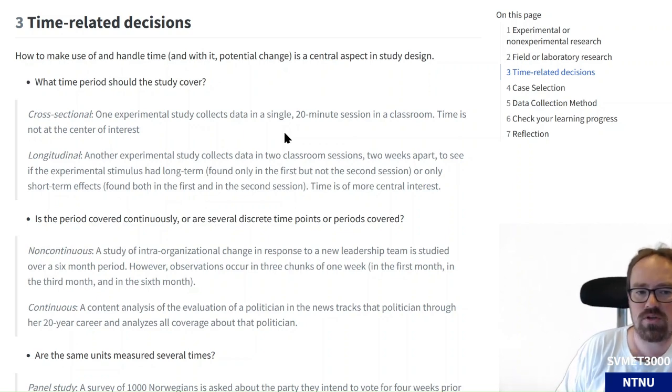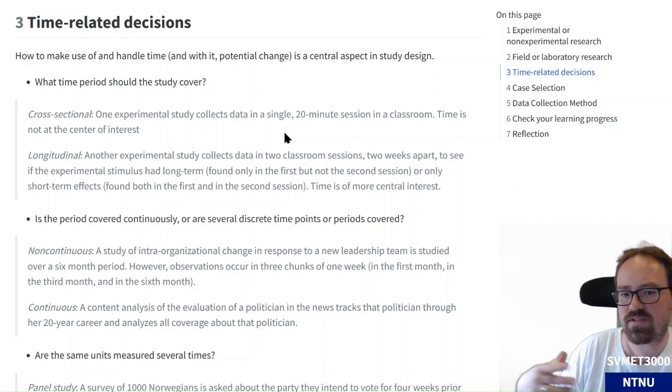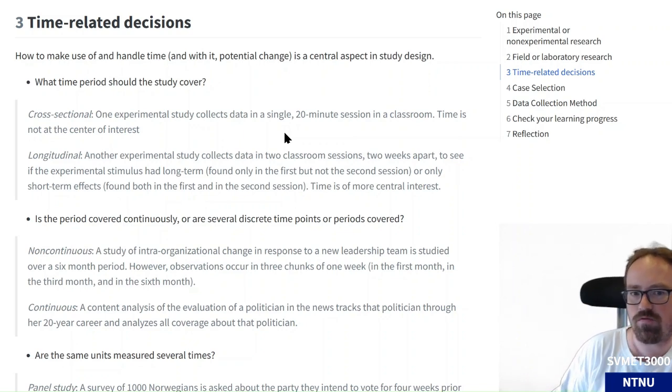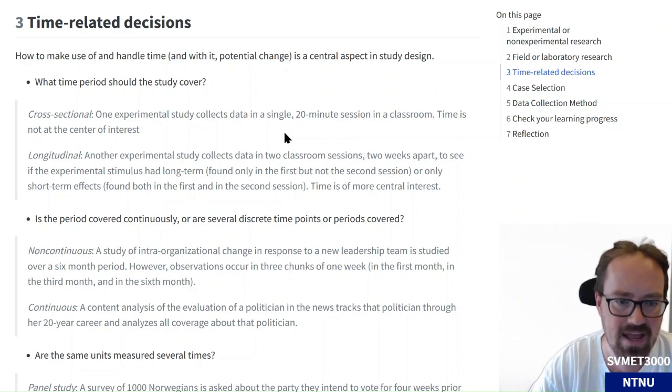We can have a purely so-called cross-sectional study that is not interested in what happens over time. It just wants one snapshot, and that your snapshot may unfold over a bit of time is more of a nuisance in a cross-sectional design than an asset.